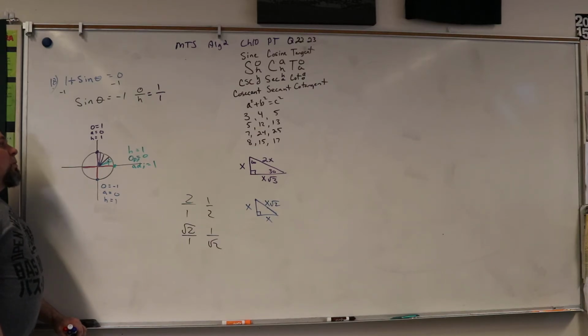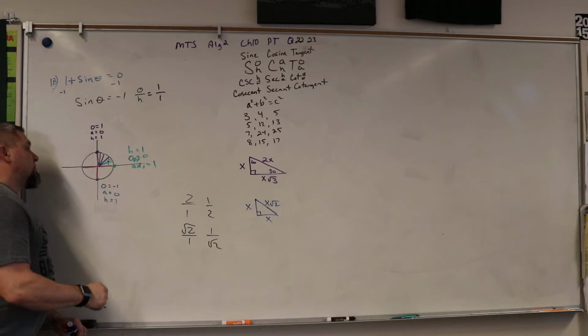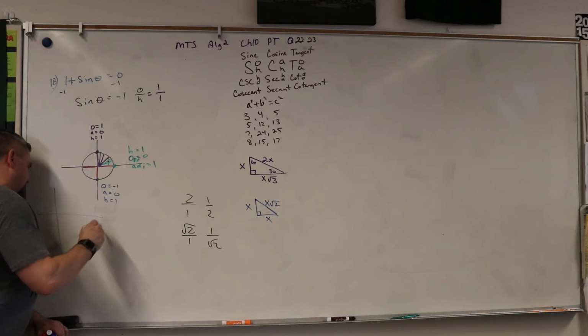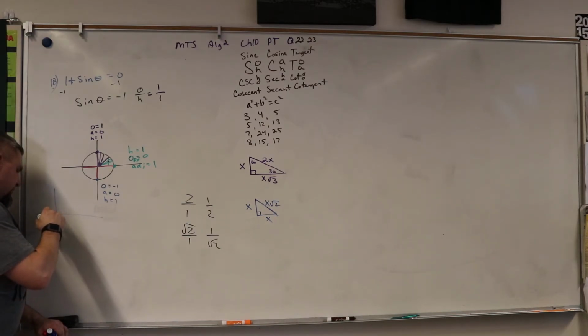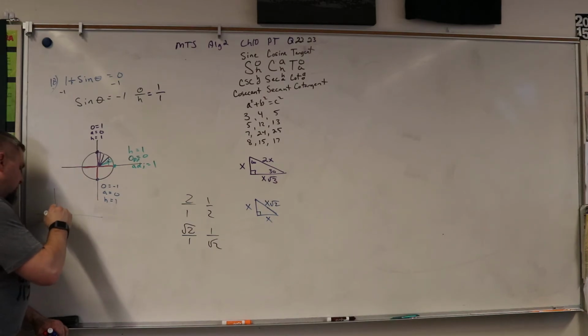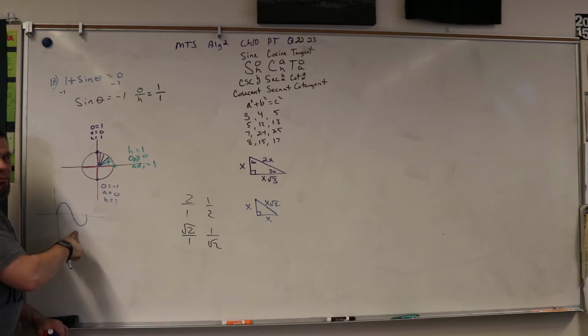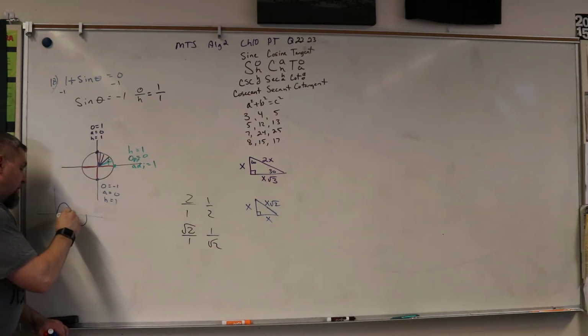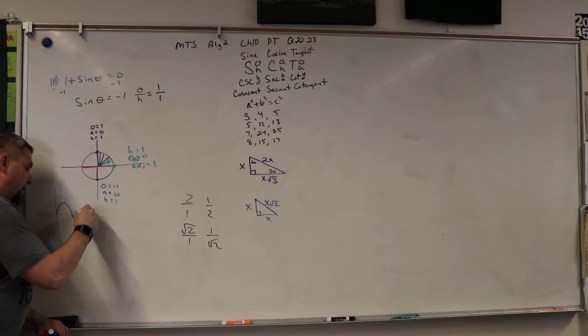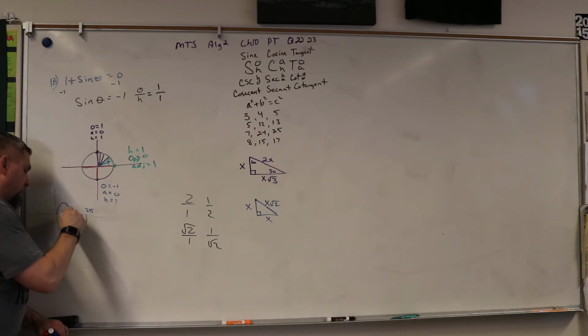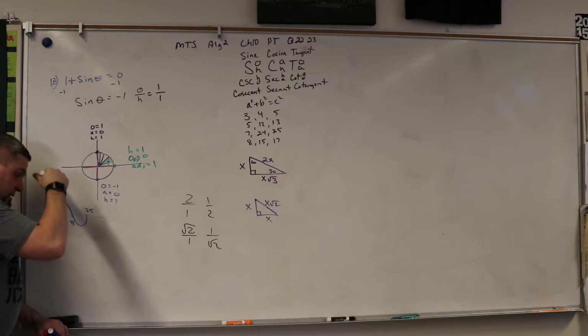So, does that fit my graph? That would be sine. Now you guys don't know this yet, well you do from last year, but we haven't gone over this yet. This is 2 pi, and this is pi.